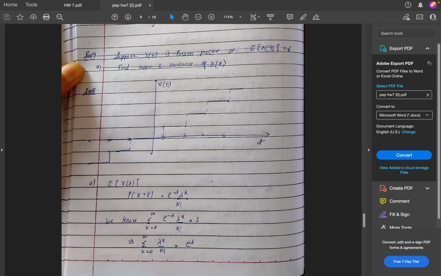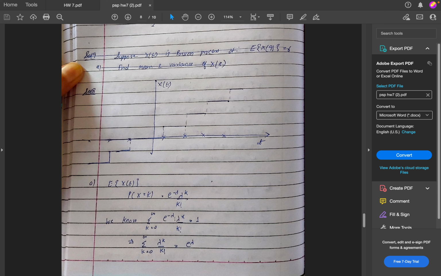Starting off with the first part, we know that P of x equal to k is given by e raised to the power minus lambda, lambda to the power k upon k factorial, and we know that for a probability density function, the summation of this from k equals 0 to infinity will be 1.